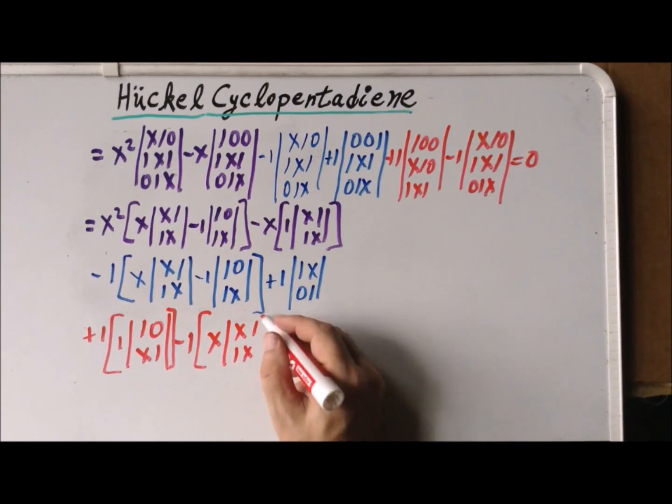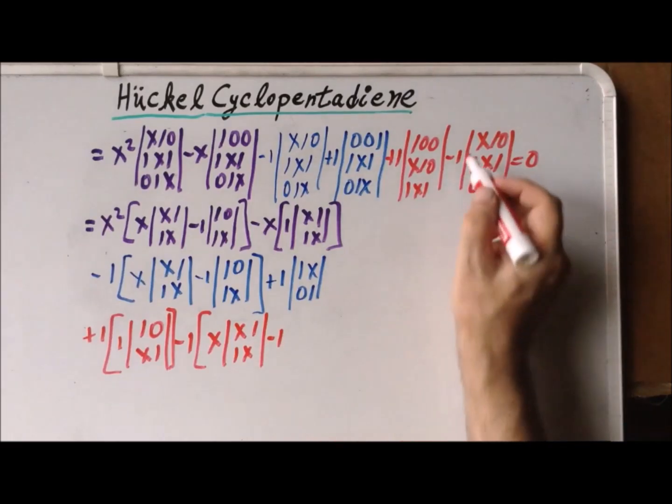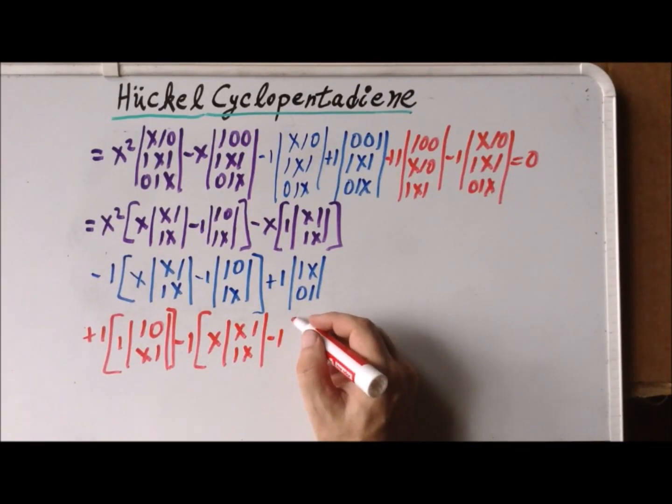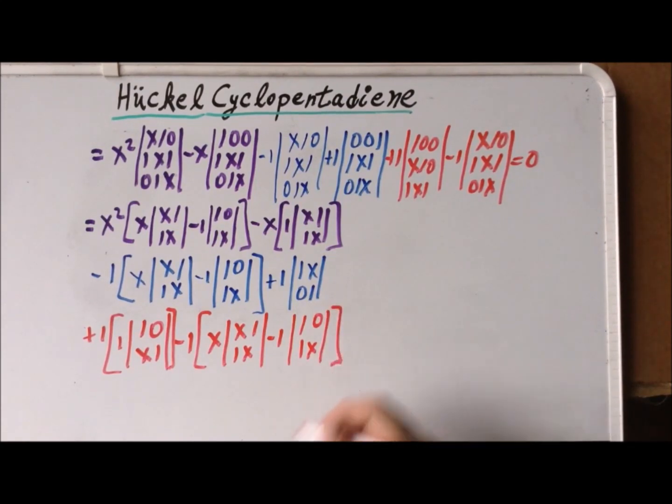And our second coefficient is a minus 1, because we alternate positive and negative. And now we have expanded the 3 by 3 determinants in red as a series of 2 by 2 determinants.